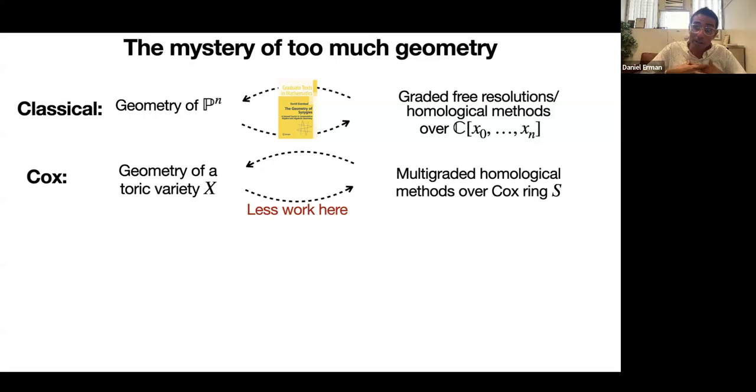And for my own interests, I'm interested in a sort of geometry of syzygies picture. That's why I copied David's book and glued it there, right? Where what you're doing is you're using methods in graded algebra over the standard graded polynomial ring to probe the geometry of projective space and understand it.